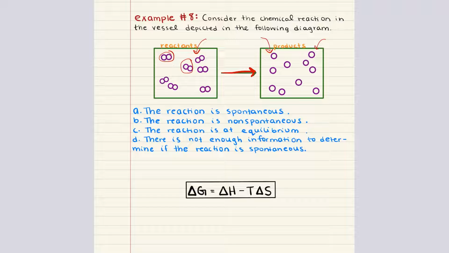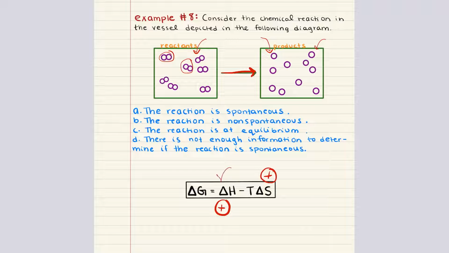Now, you can gather some information about entropy here. The entropy is increasing because now there are more particles in the system moving from reactants to products. So we can say that the entropy here is going to be positive. Now, enthalpy is a little tricky. We can say that since bonds are breaking here, the reaction should be endothermic, and that means that delta H would be positive as well.